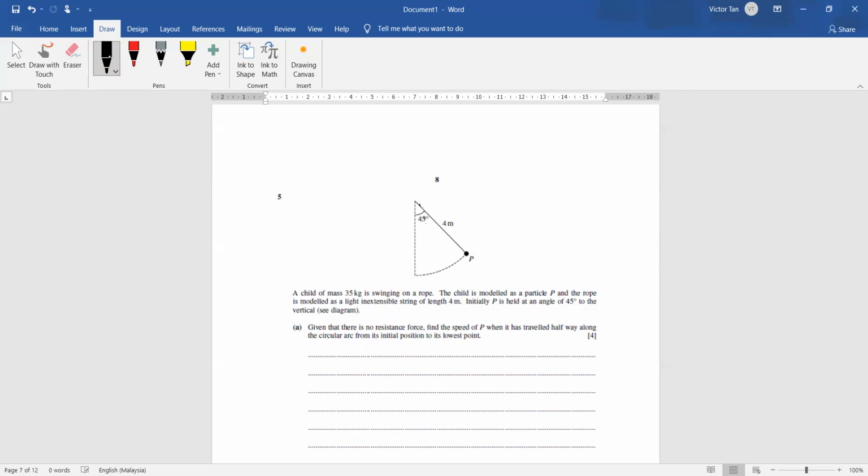Halfway would be here. This is 22.5 degrees. So this one you have to use energy.